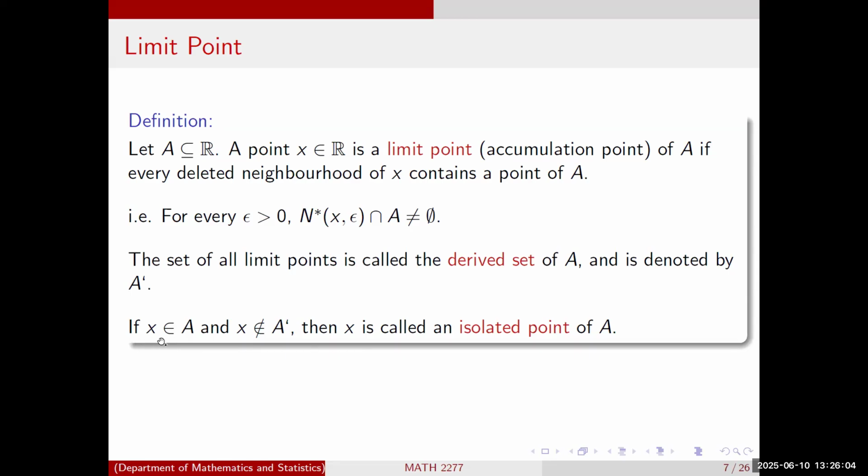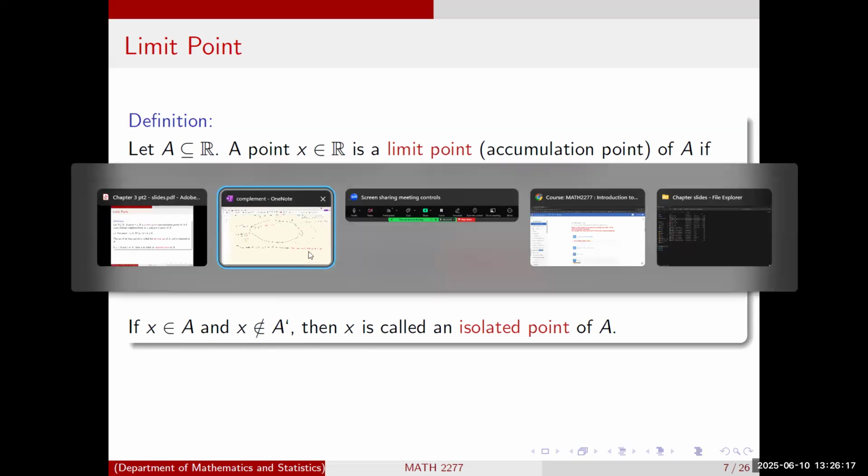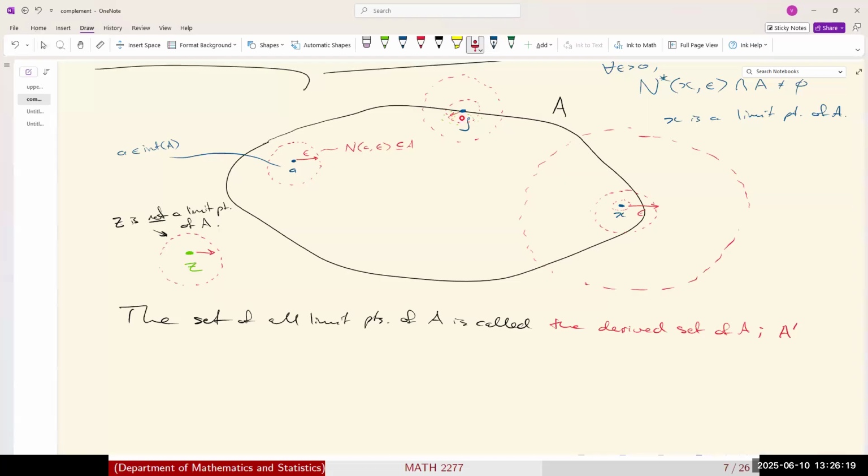If it so happens that you have a point belonging to the set, but that point is not a limit point, right? So if you have a point in a set, let's go back to the picture. So this guy is a limit point, this guy was a limit point, this guy was a limit point. This diagram doesn't have it, but I'll just show you.